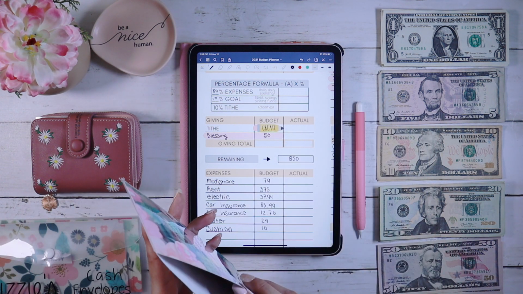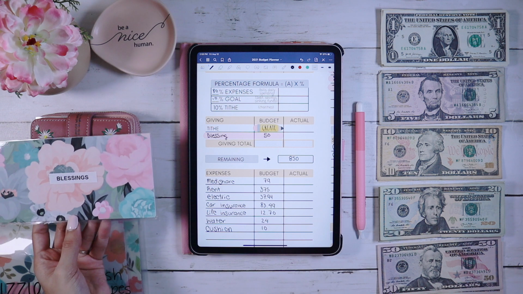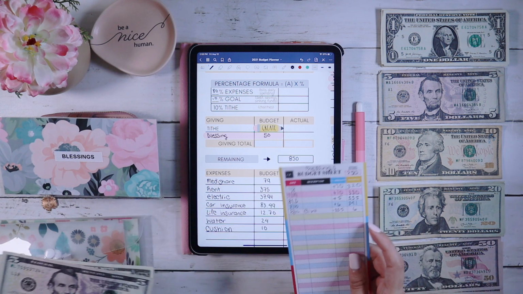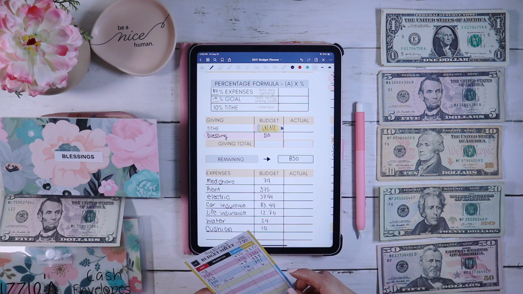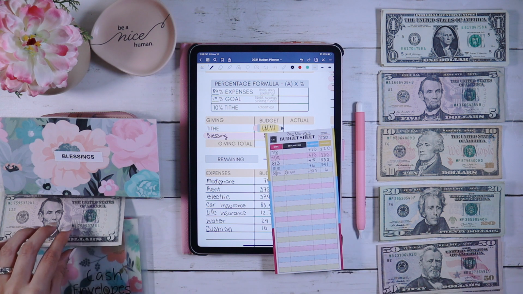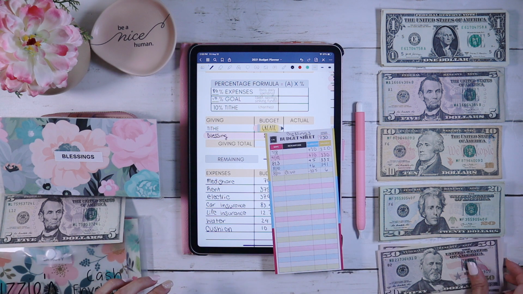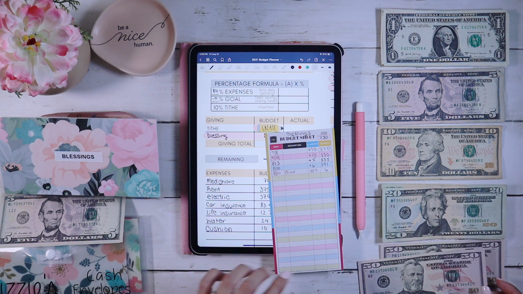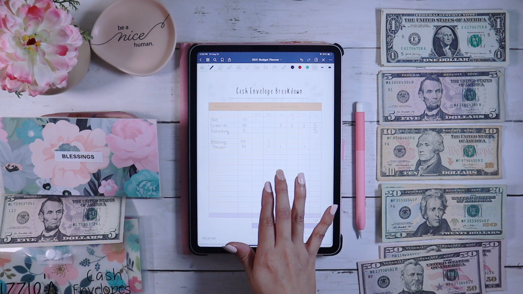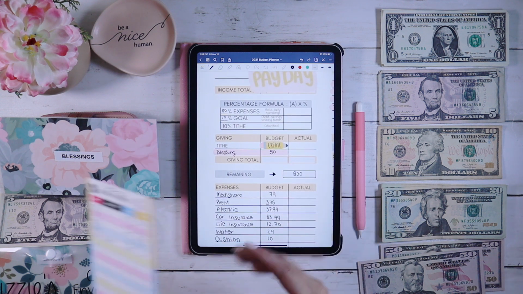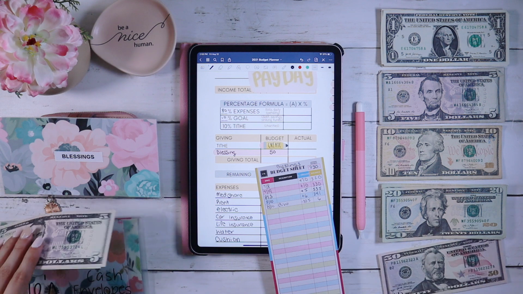The point is you are trying to make it a habit to at least save a little bit at a time, whatever you're able to do. We are currently going to be stuffing $50 in this envelope, just a $50 bill. Yep, so just a $50 bill is going in here.